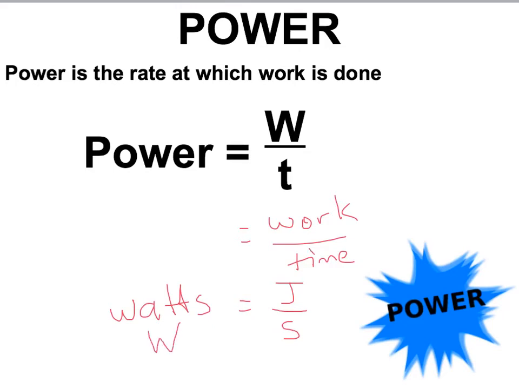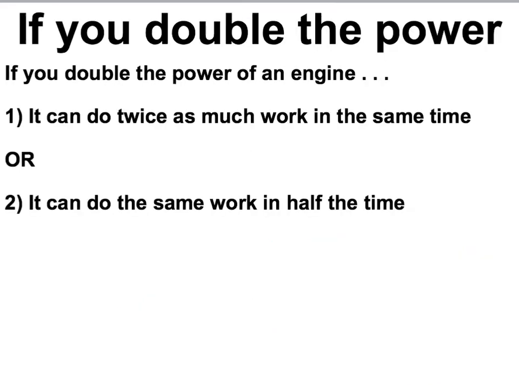So let's use this formula to see what it means if something changes power. So if you double the power of something, let's say an engine, that means that it can do twice as much work in the same amount of time, or it can do the same amount of work in half the time. So remember, power is work over time.